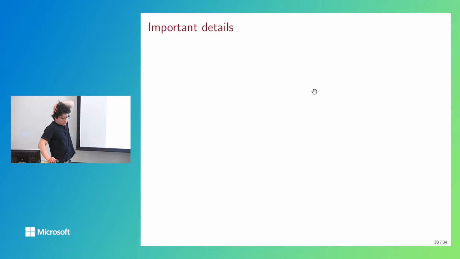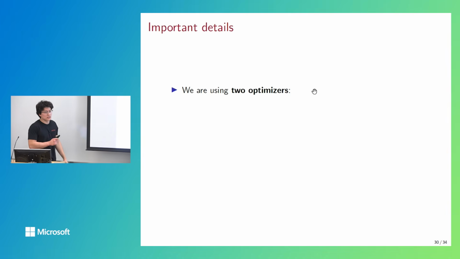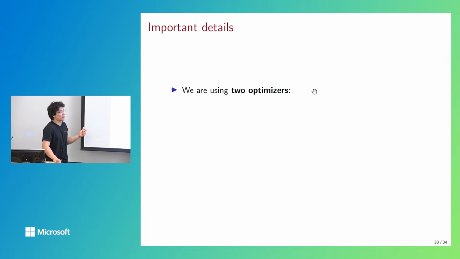Let me talk through some of the important details while you're incorporating these optimizers. The most important thing, which probably wasn't highlighted in the earlier part of this talk, is that we're actually using two optimizers.